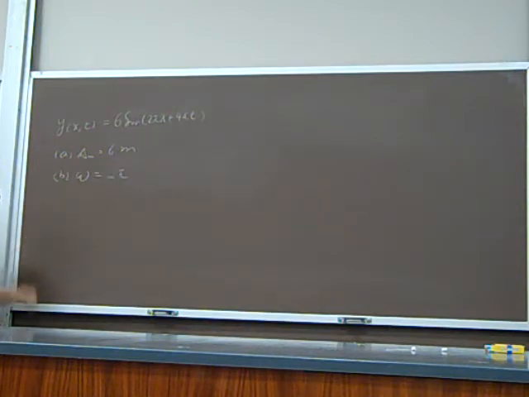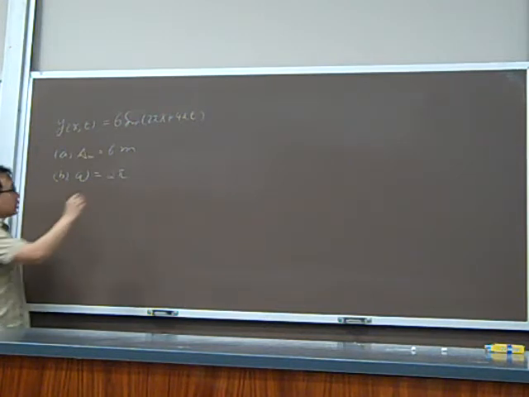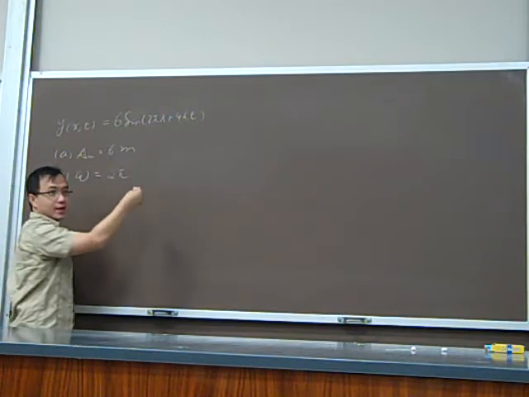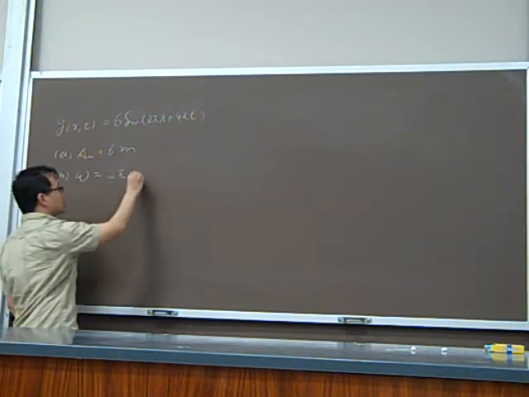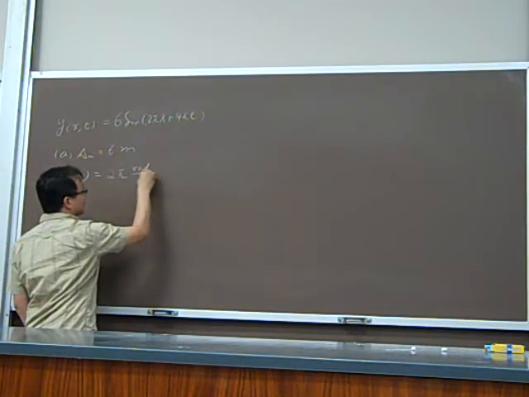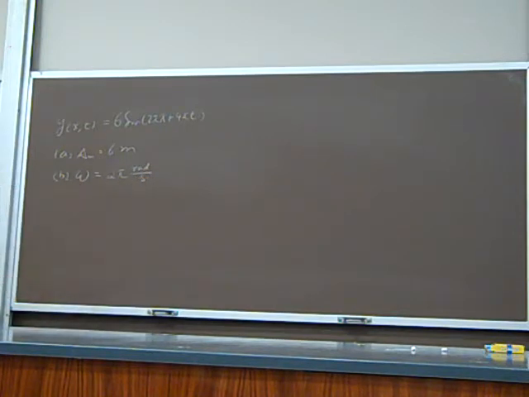What is the unit we should put here? What's the unit for the angular frequency? Radians per second. Yes, it's the same as angular speed. So it's radians per second. That's the angular frequency for this wave.